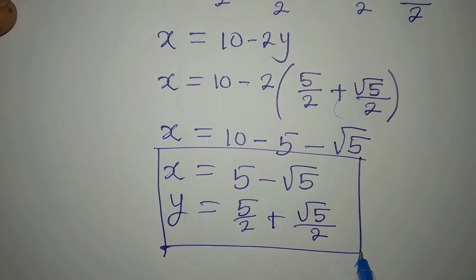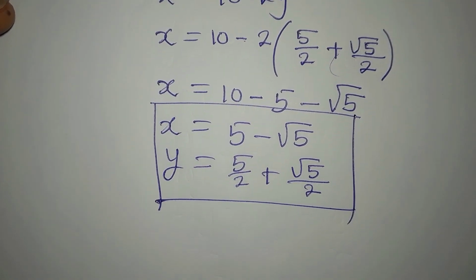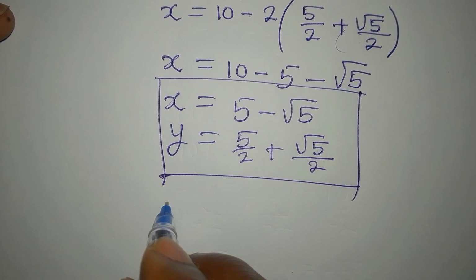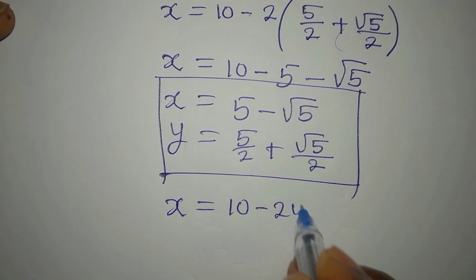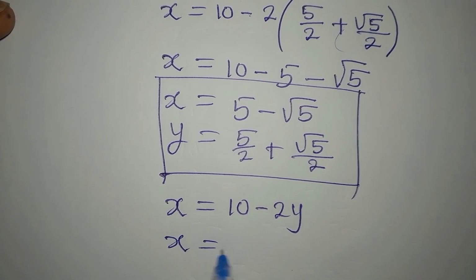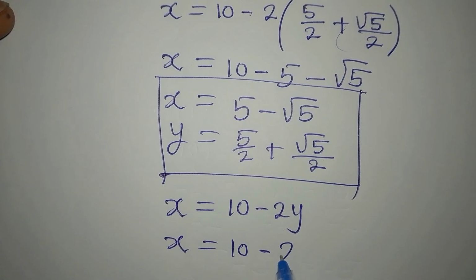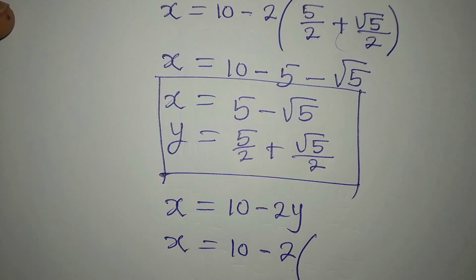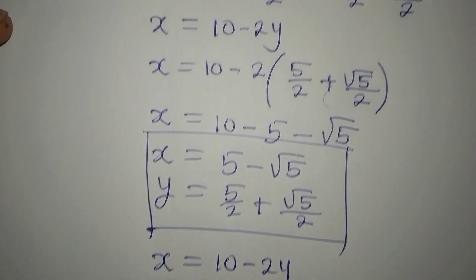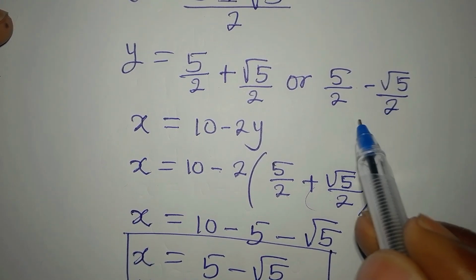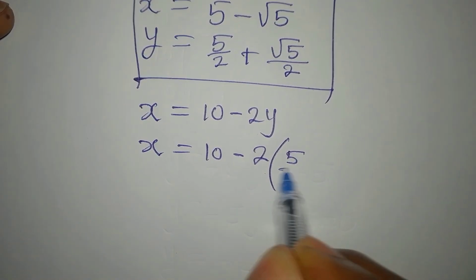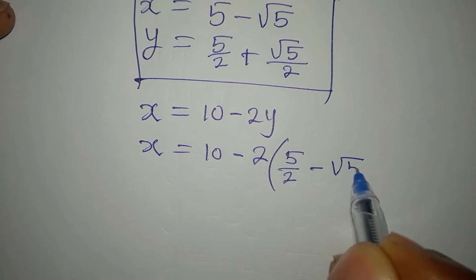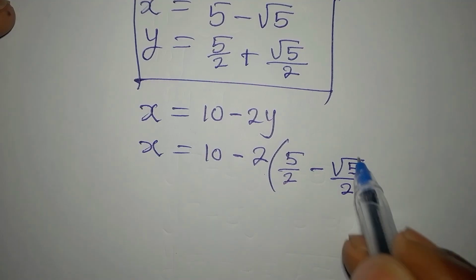Now let's go to the next value of y. Remember, our equation 3 is still x equals 10 minus 2y. So x will now be 10 minus 2, but in place of y now, I'm going to pick this value of y. So we'll have 5 over 2 minus root 5 over 2.